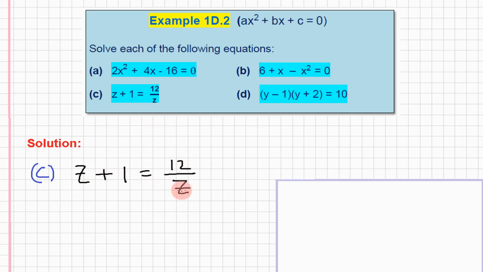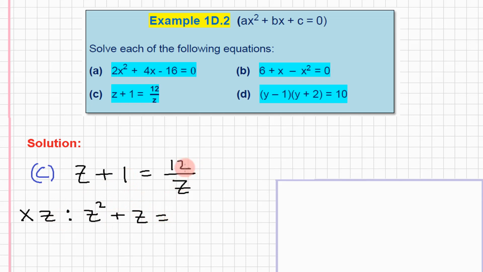now we have a fraction in this equation, and we always try and get rid of fractions. We can do so by multiplying through by the LCD, which is z in this case. So multiplying through by z, z times z is z squared. Z times 1 is z.